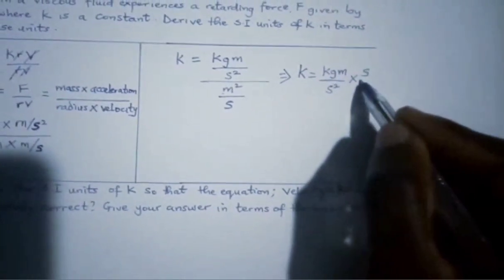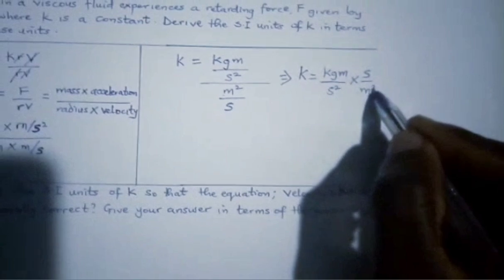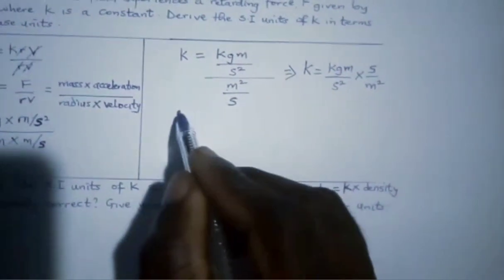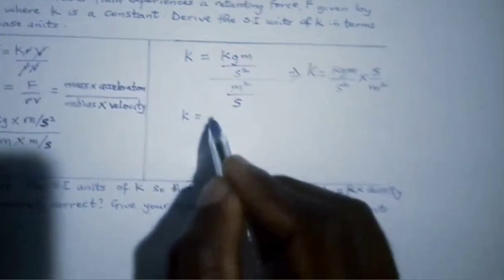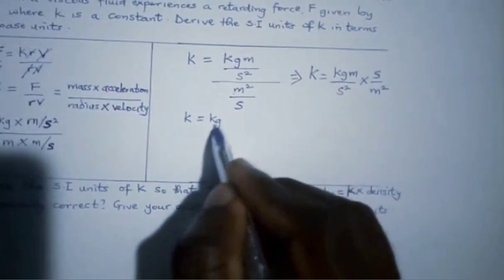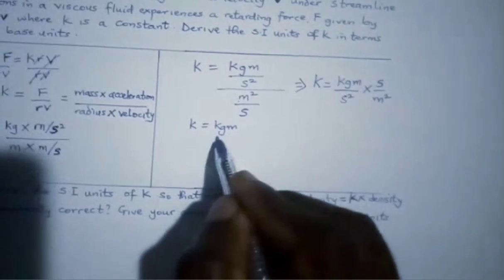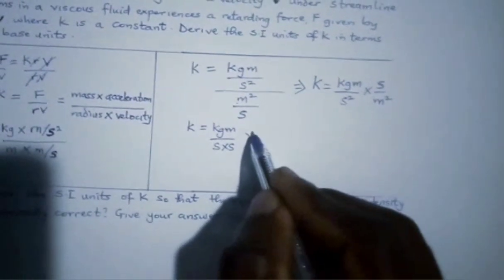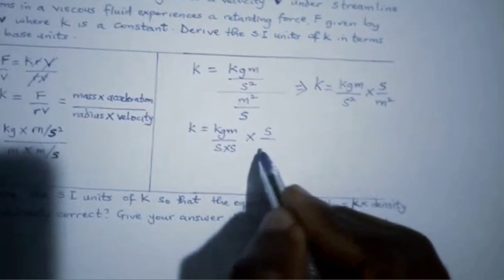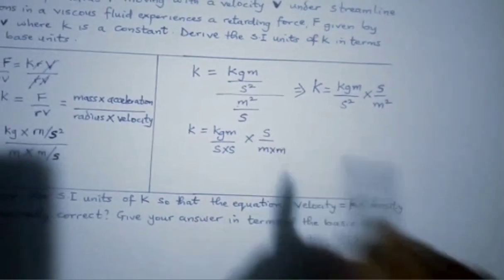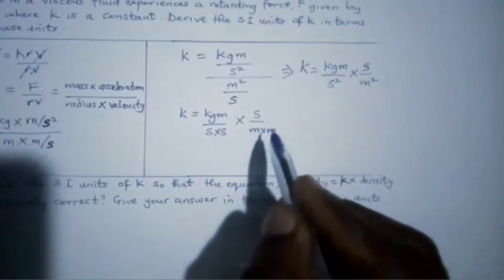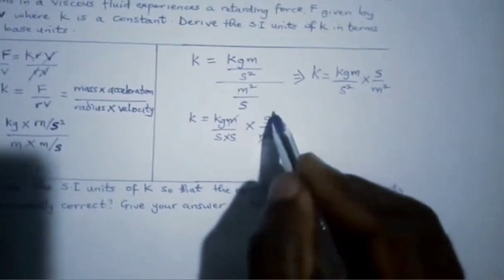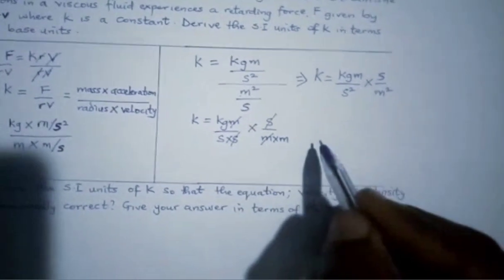Therefore, you have s over m square. So K is equals to kilogram meter over s times s, times s over m times m, which means one of these m will cancel one of the m here, and one of the s here will cancel one of the s here.